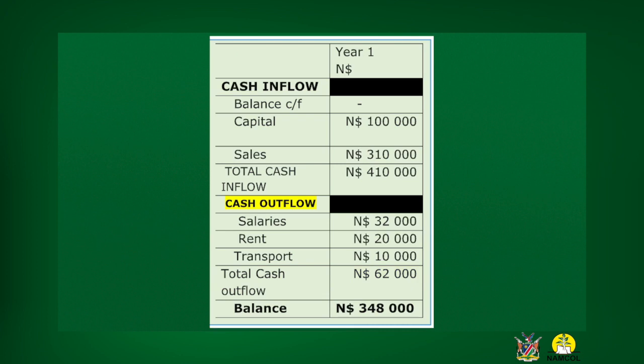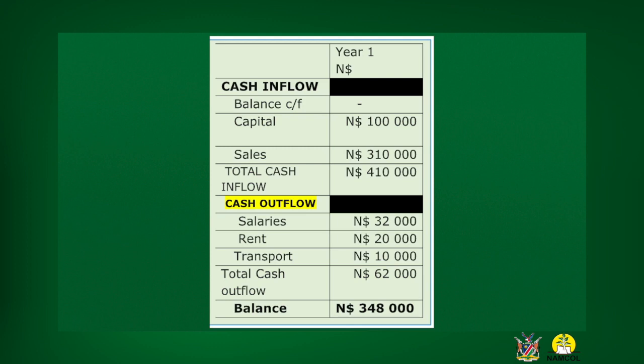Finally, we have to calculate how much will be left in our business account. Easy, easy, easy. We subtract our cash outflow from our cash inflow, meaning we subtract 62,000 Namibian dollars from 410,000 Namibian dollars.